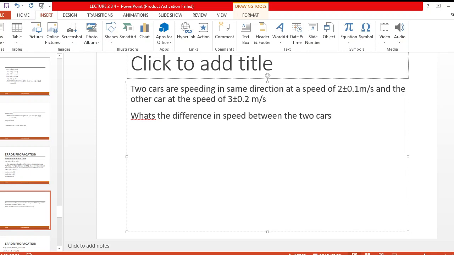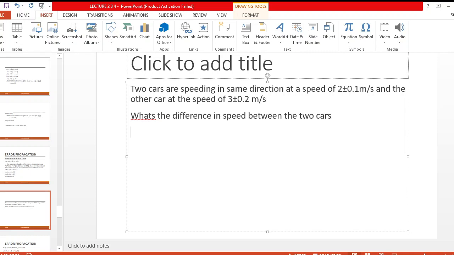To answer this question, you see that there are two speeds, and each speed has its own error. The speed for the first car is 2 plus or minus 0.1, and the speed for the second car is 3 plus or minus 0.2.